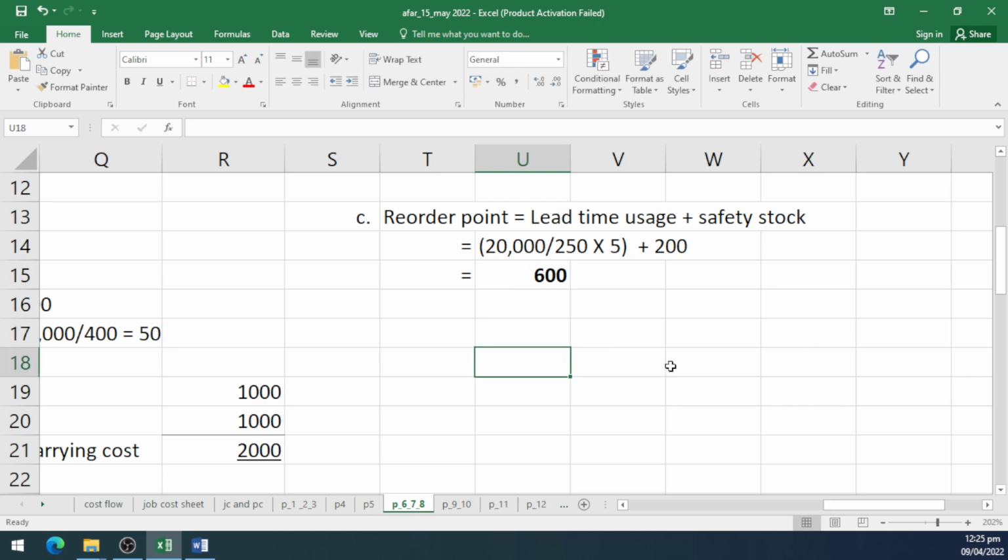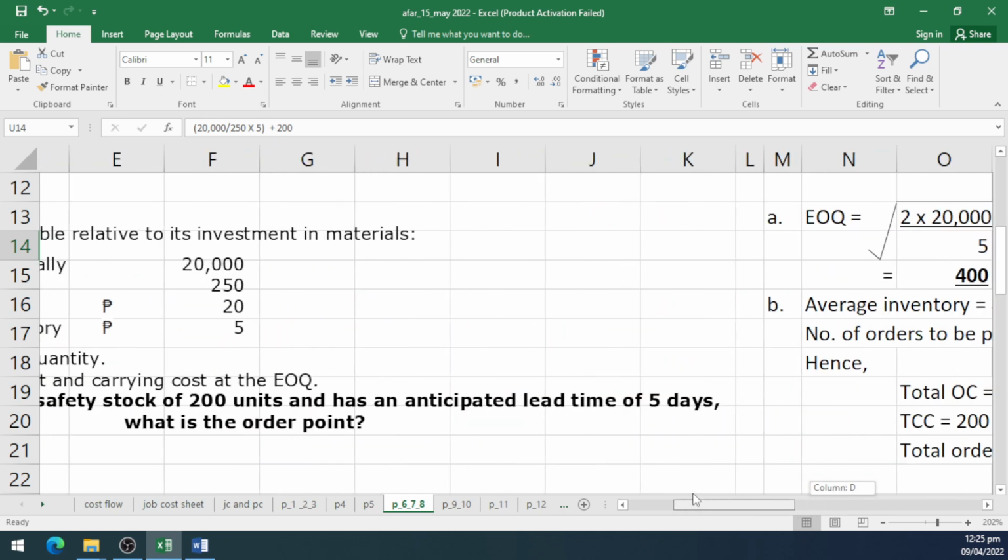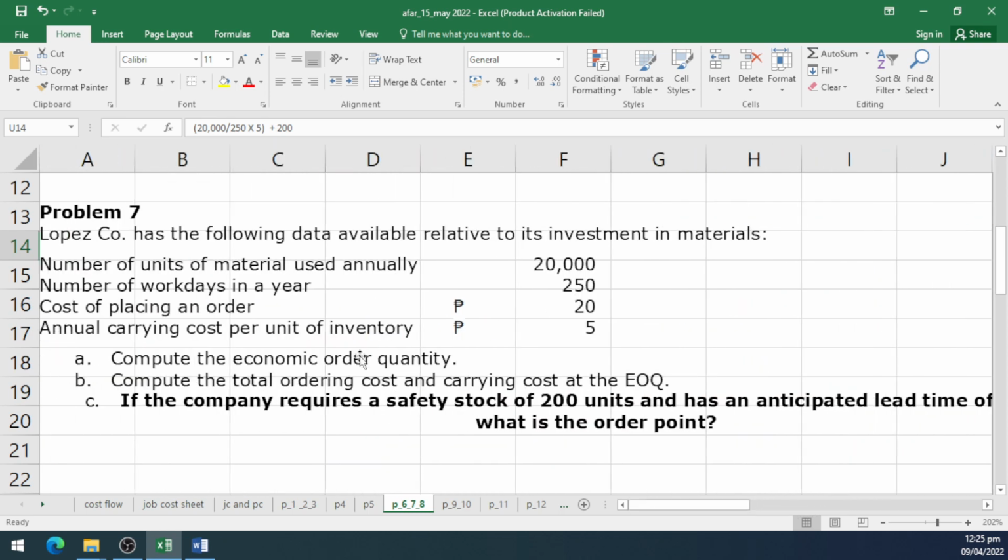So ang ating lead time usage is 20,000 over 250 times 5. Ito po yung class, ano? Makikita nyo dito na annual usage ng materials 20,000 and there are 250 work days in a year, so the daily requirement ng raw materials is 20,000 divided by 250, that's 80 per day.